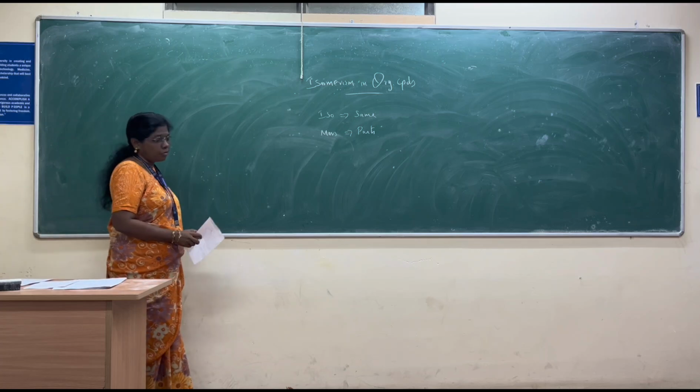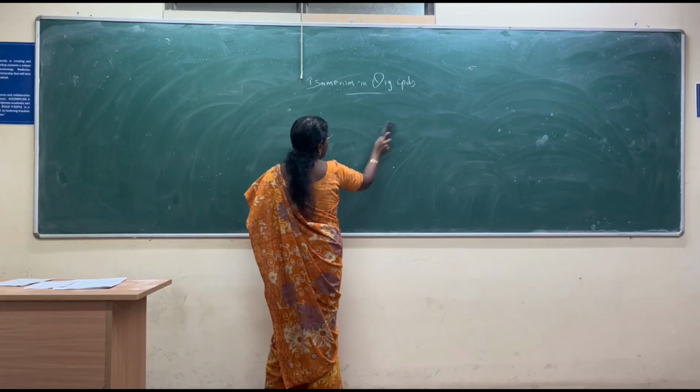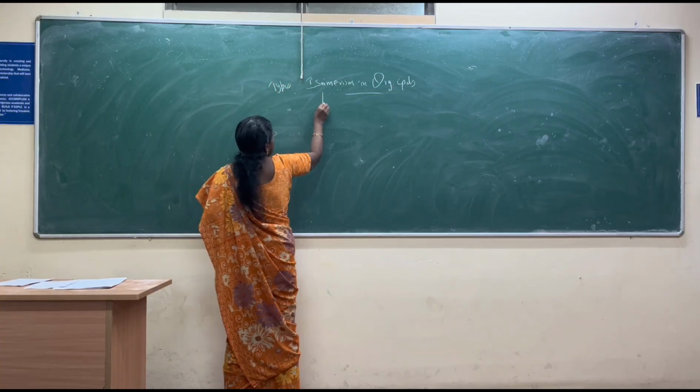So what are the types of isomerism? There are two main types: structural isomerism and stereoisomerism.